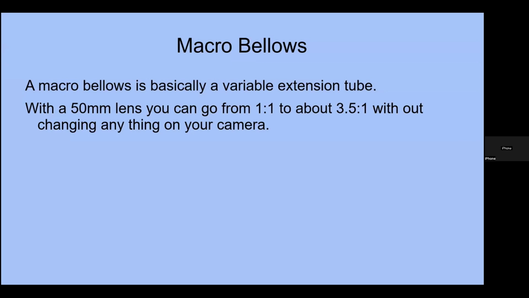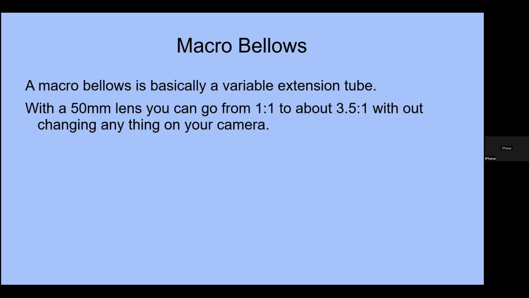You measure it from your sensor, on your camera, you'll see a little line with a circle through it. So from your sensor to your lens, if you have 100 millimeters and you have a 50 millimeter lens on it, that's going to be approximately 2 times magnification.